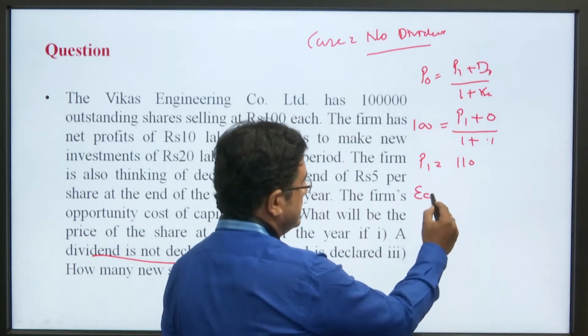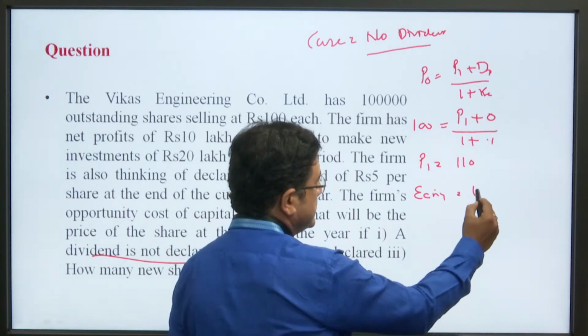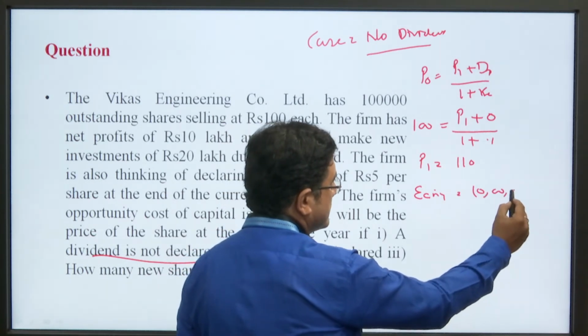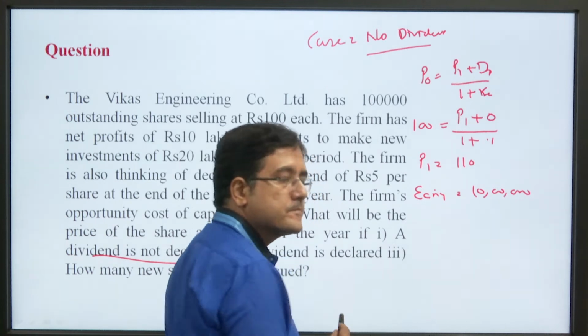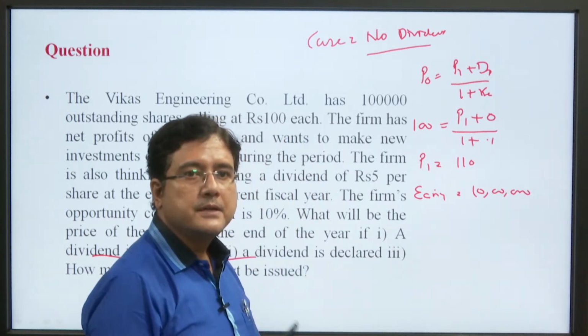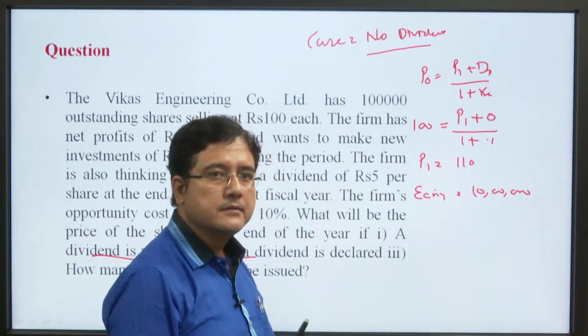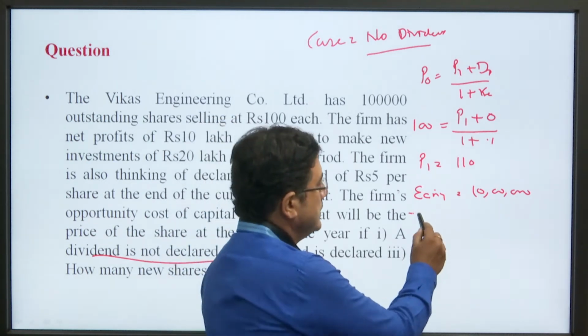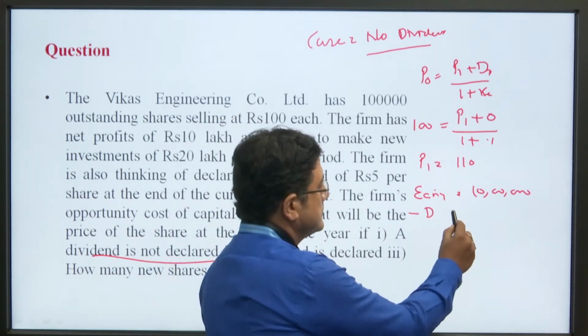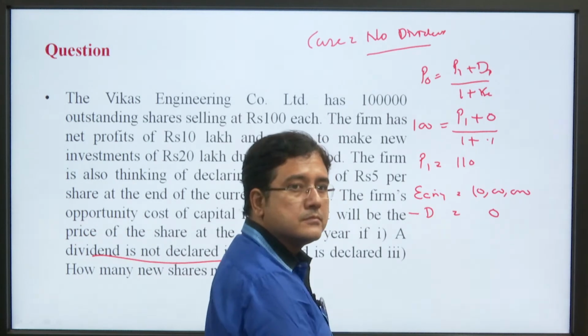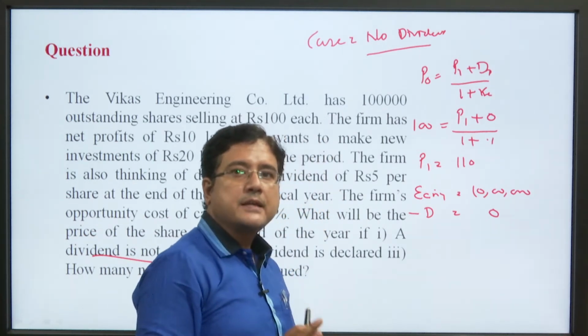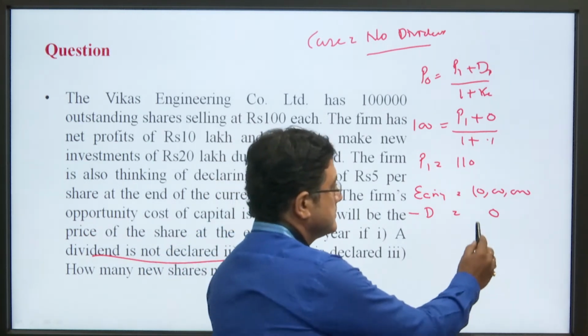Now, the company's earning is 10 lakh, and the company's distribution of dividend is 0. So, everything is kept in hand, retain the 10 lakhs.